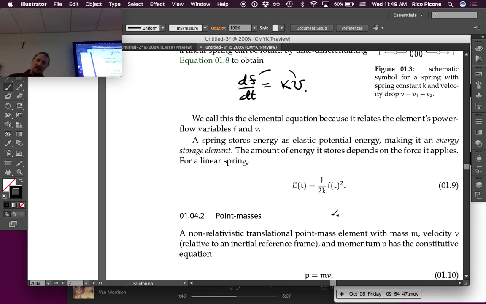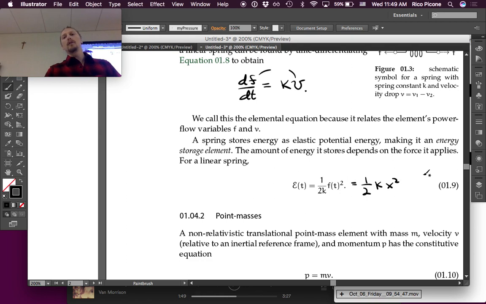You probably have seen it expressed as 1/2 kx squared, and it's true for linear springs that you can express it that way because F equals kx, and you just plug it in. But it's deceptive because it makes you think that the energy stored depends on the displacement across it, when in reality, it's the force.